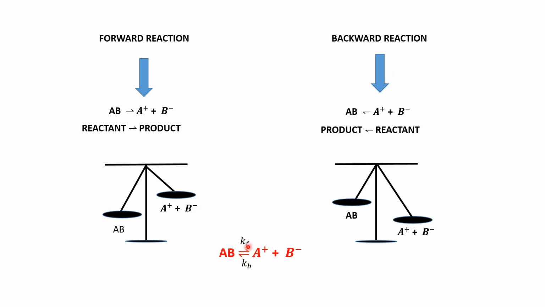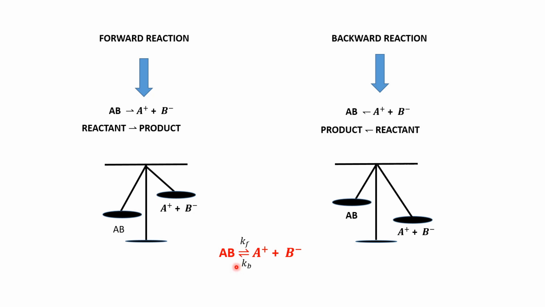If we combine the forward as well as the backward reaction, it gives us something like this, where you can see that AB dissociates to give A+ and B-, and simultaneously A+ and B- ions react with each other and move towards AB again.